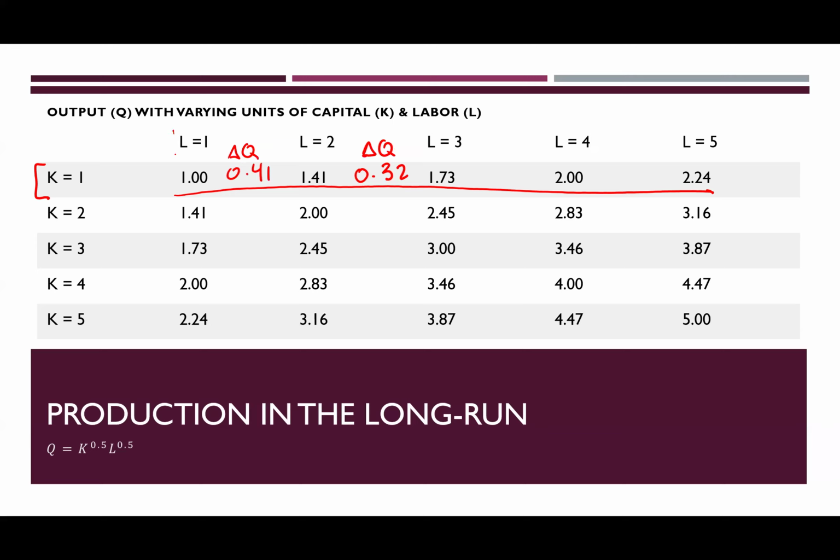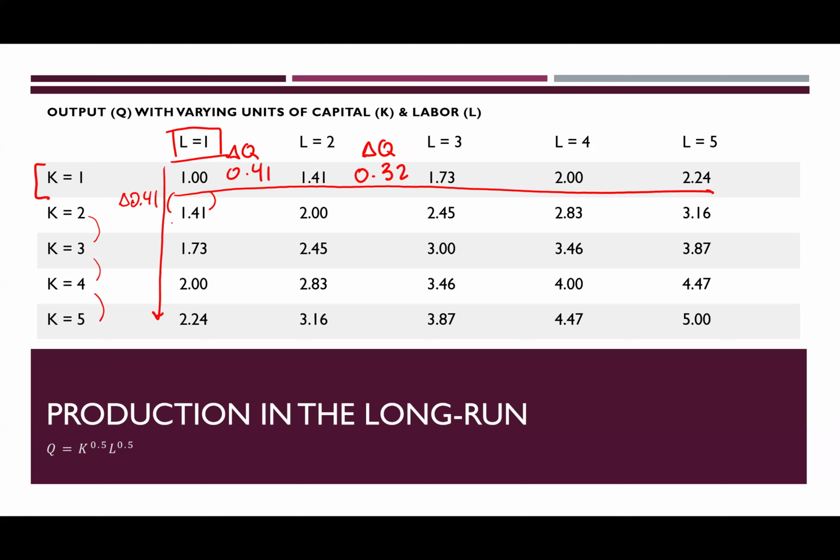If instead we hold labor constant and vary capital, now we're going to see the returns to output from additional units of capital, right? Additional machines. So again, if we go from 1 labor and 1 machine, 1 capital good, we have a jump in output of, let's put it over here, that same amount, 0.41, right? That's not always the case, but it is in this.